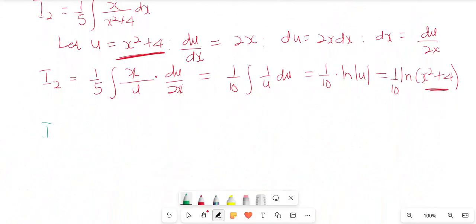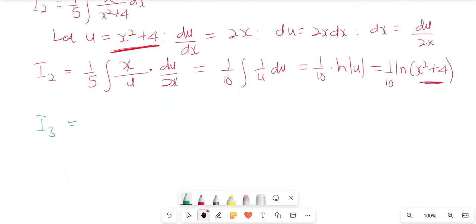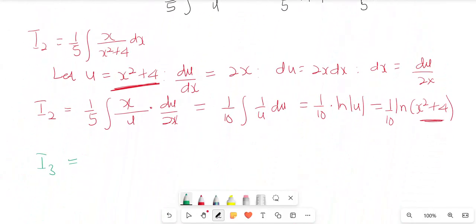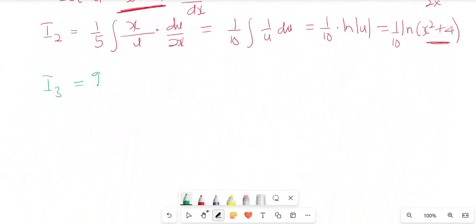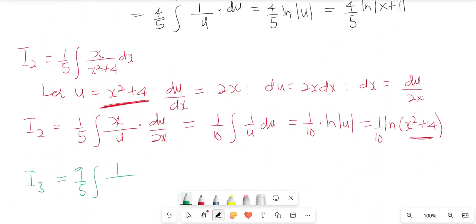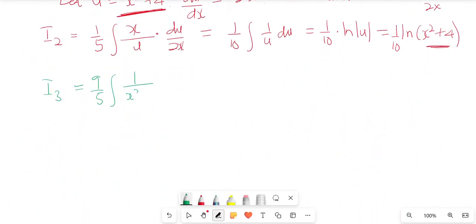So I3 should be equal to 9 over 5 integral of 1 over x squared plus 4. So this, we can use the trig sub. So this is a trigonometric substitution.